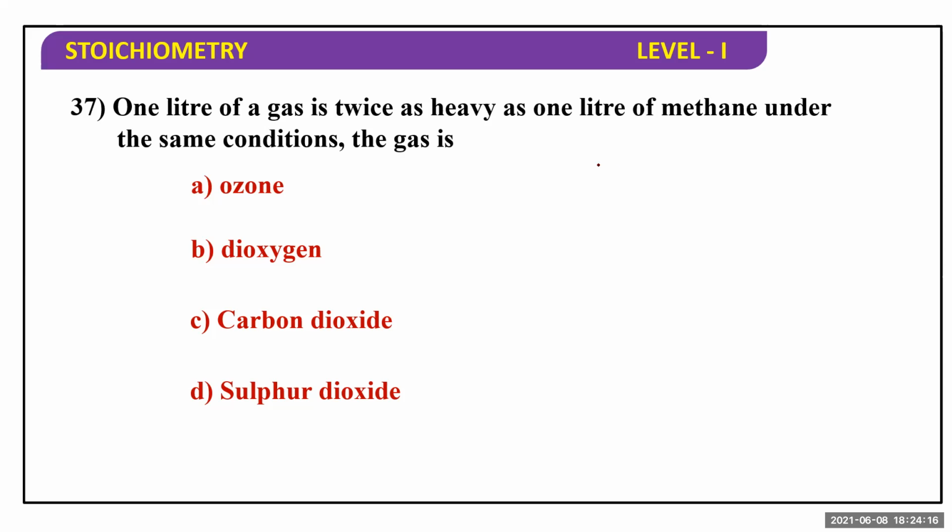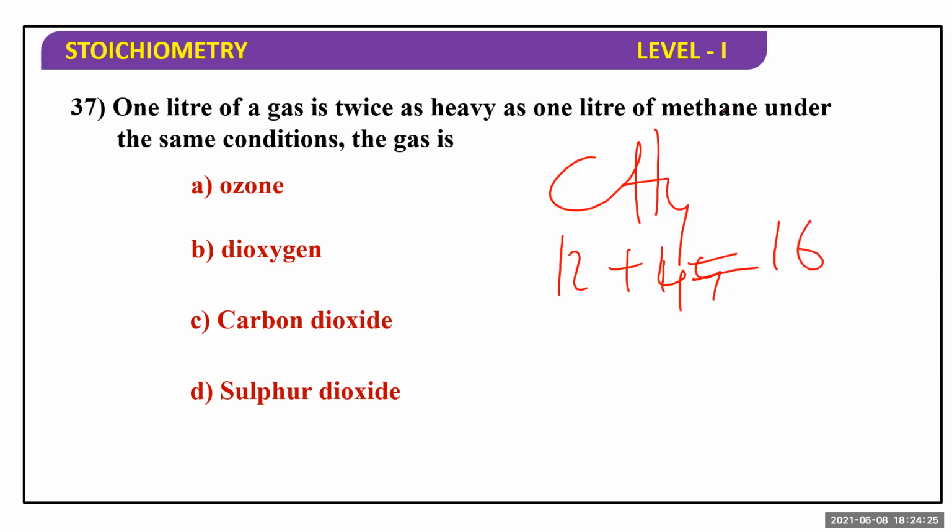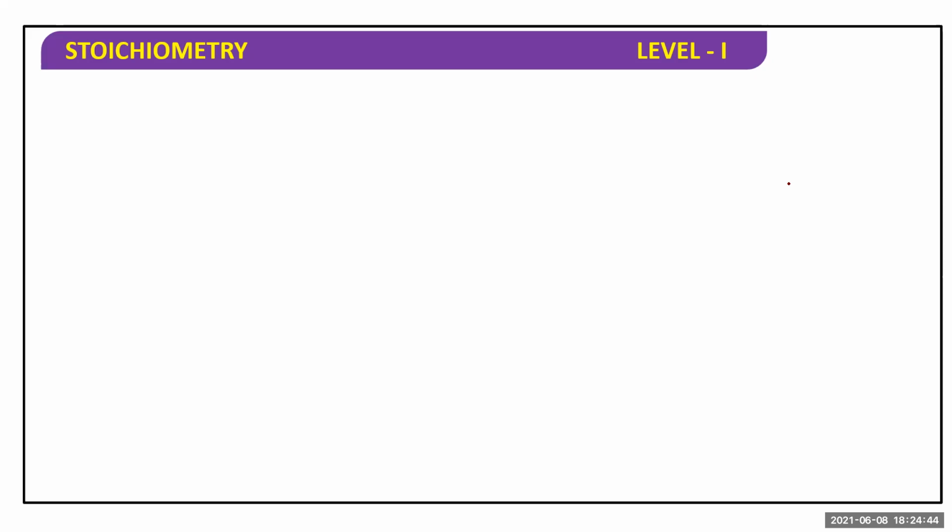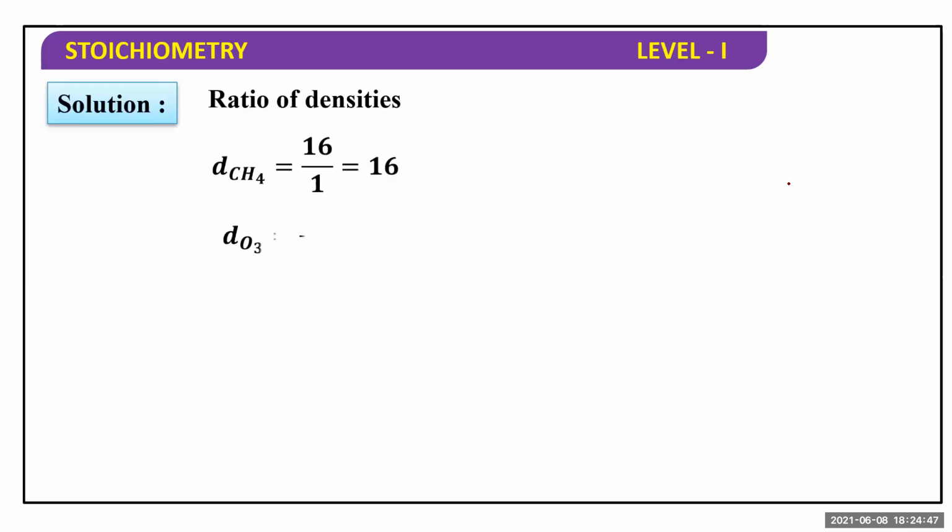You know the formula of methane. 12 plus 4 equals 16. So molecular weight of methane is 16. So 1 liter of gas is twice as heavy as 1 liter of methane, so its molecular weight is 32.